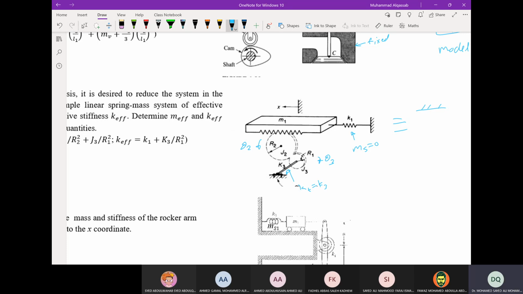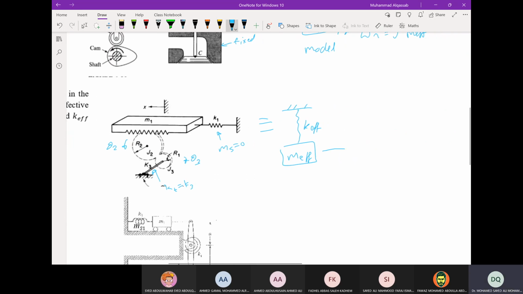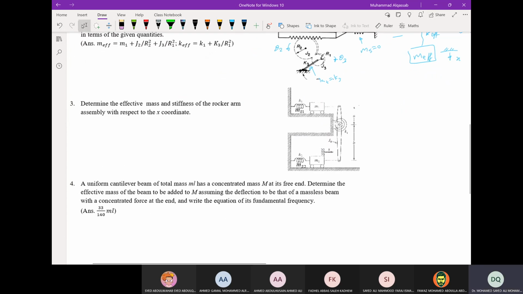So the question is to find an equivalent spring mass system with M effective and K effective at X. Once you reach this model, omega n is equal to the square root of K effective over M effective. Okay, try to solve, complete the solution.